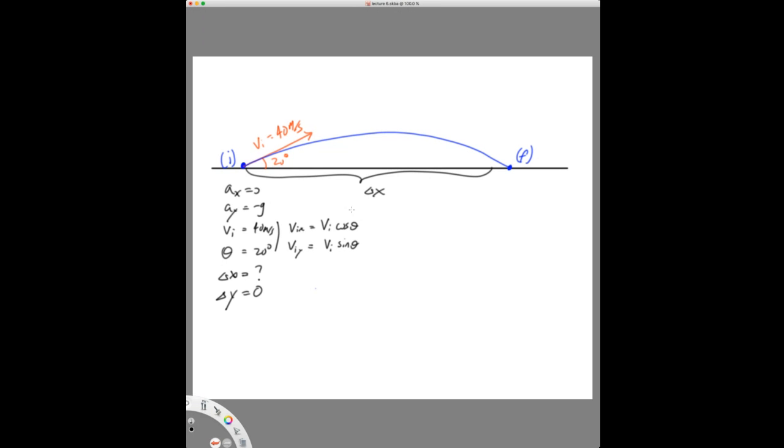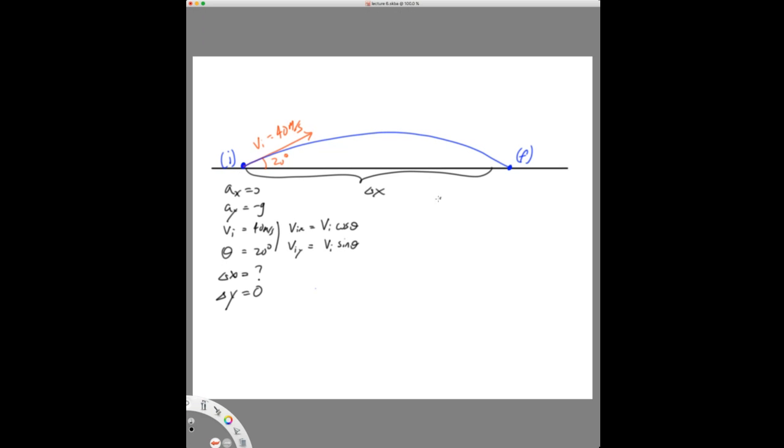And I'm just going to leave them symbolic. We're not going to get even a number for vix or viy this time. We're just going to leave it symbolic, and we're going to solve the whole thing symbolically. And what we arrive at in the end is probably the one case where I would say this equation is useful enough that we're just going to add it to our equation sheet, because we will use this situation of something starting and stopping on the same level. Happens a lot, not just in soccer.